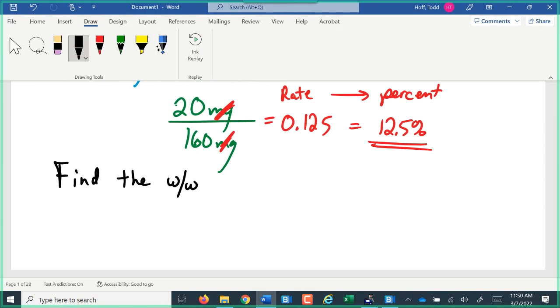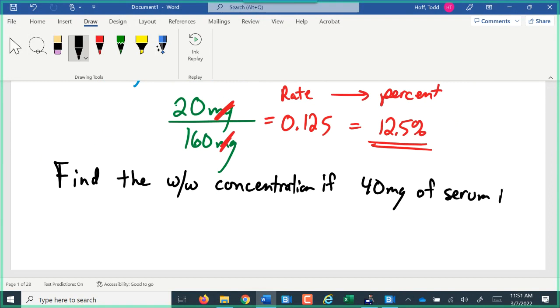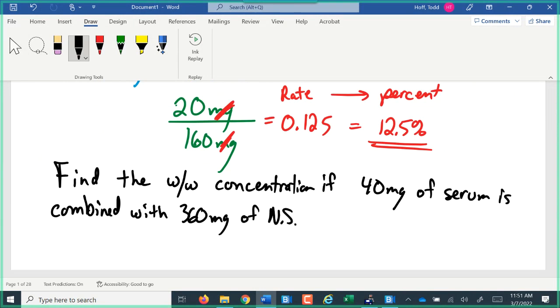I might ask you, find the weight in weight concentration if 40 milligrams of serum is mixed with 360 milligrams of NS.